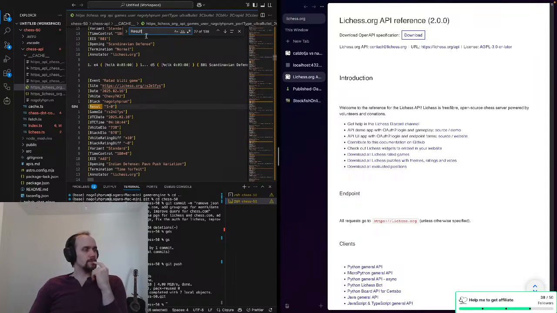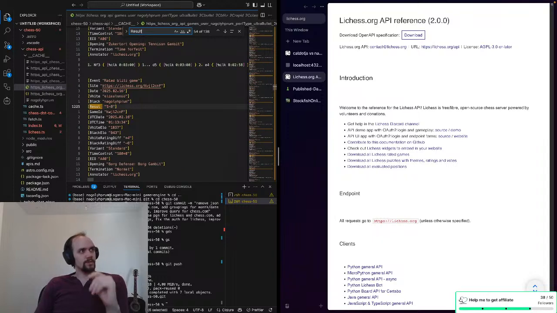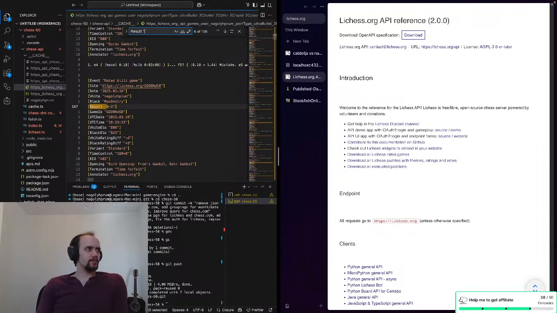We could do a regex. Find one that doesn't have... I just want to make sure it doesn't default to white or black win when there's something unexpected for some reason.